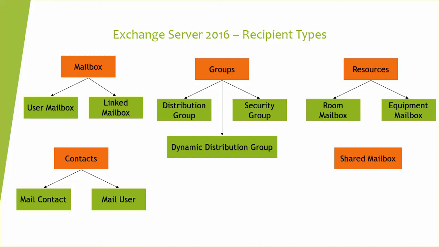When scheduling a meeting, you will just add the equipment mailbox as part of your meeting. And then if that equipment, that laptop or that projector, is not reserved or not already in use, it is going to accept, and then the other person who will try to reserve it will know that you have already reserved it. So this is equipment mailbox.